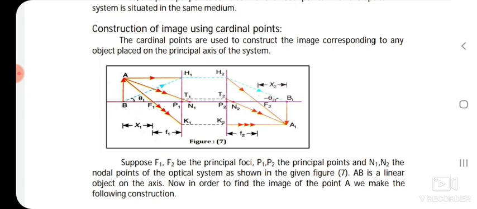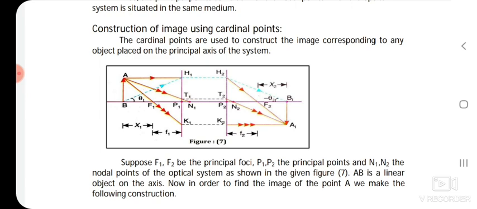Its conjugate ray will proceed from a point K2 such that K2 P2 is equal to K1 P1, and this ray is parallel to the principal axis.